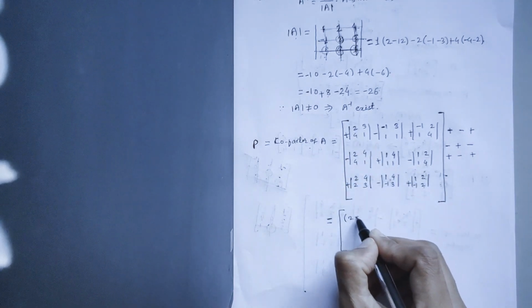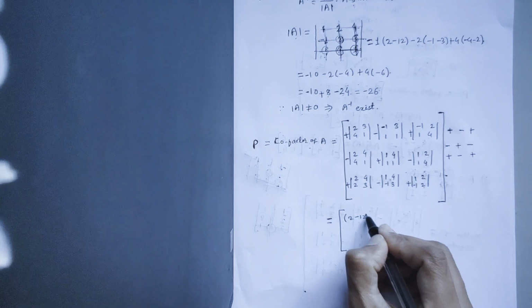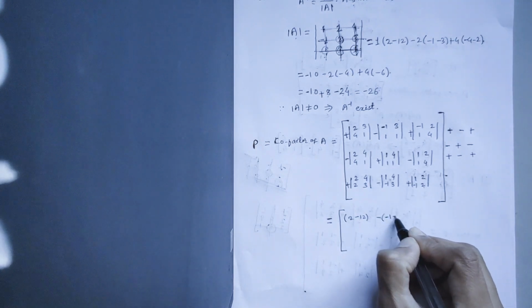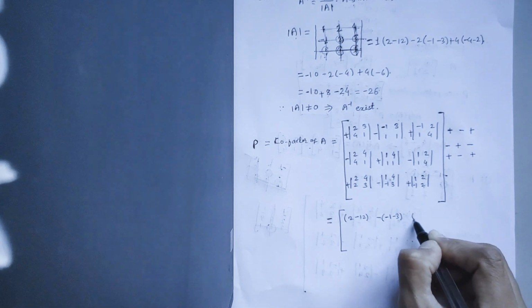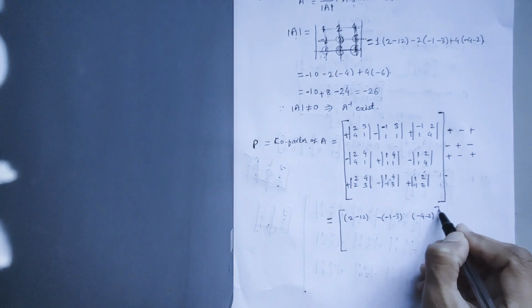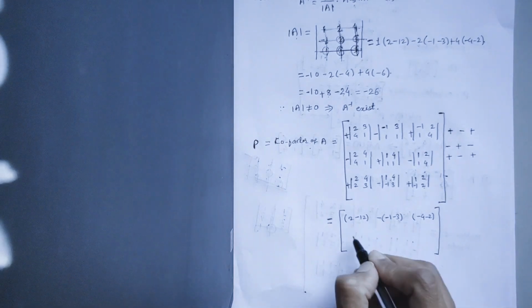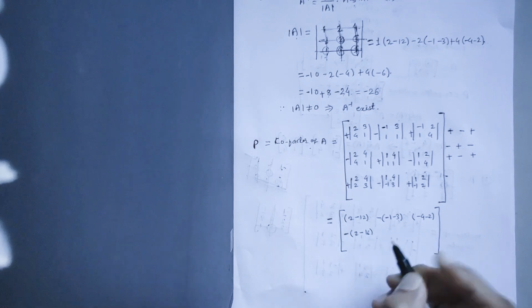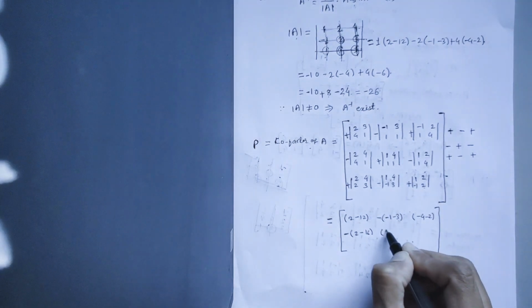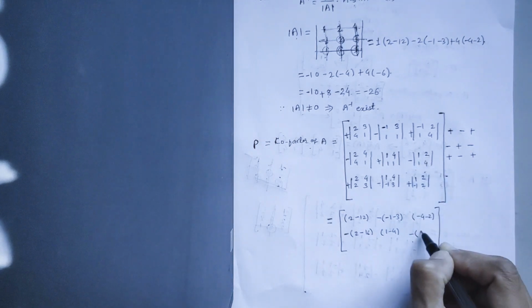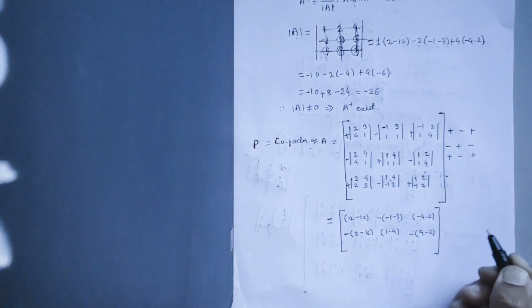2 minus 12, minus sign outside, minus 1 minus 3 minus 4 minus 2, close this matrix, minus 2 minus 16, okay. 1 minus 4, minus sign outside, 4 minus 2, okay.